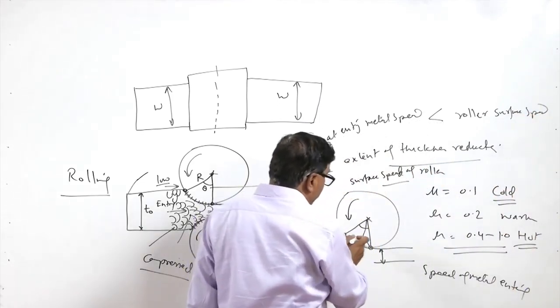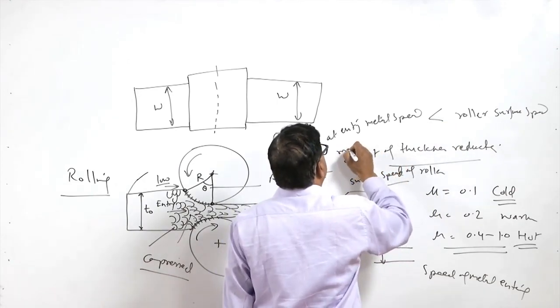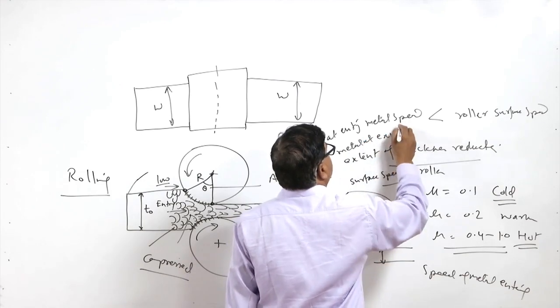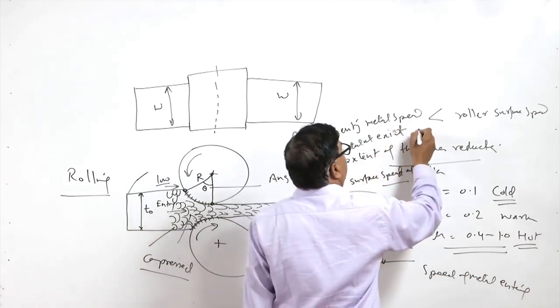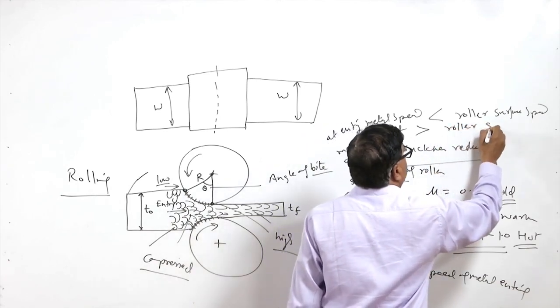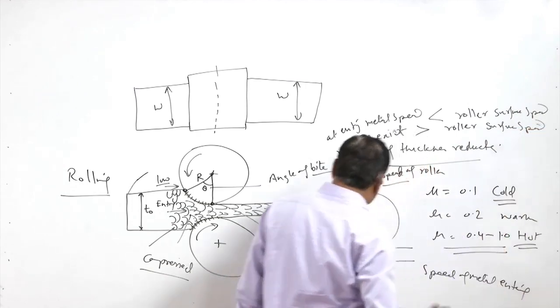At the end the reverse happens: at exit, the metal speed is higher than the roller surface speed.